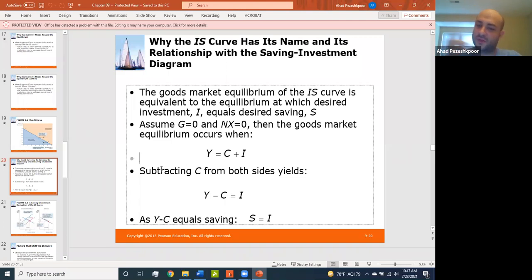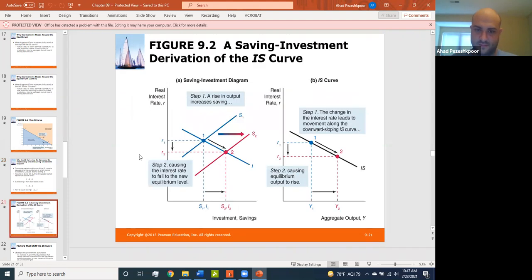Now, if you subtract C from both sides, whatever you have produced, if you didn't consume it, Y minus C, so you produce something, you consumed some of it, whatever is left will be your investments, which at the equilibrium will be equal to your savings. See, this is the saving investment.